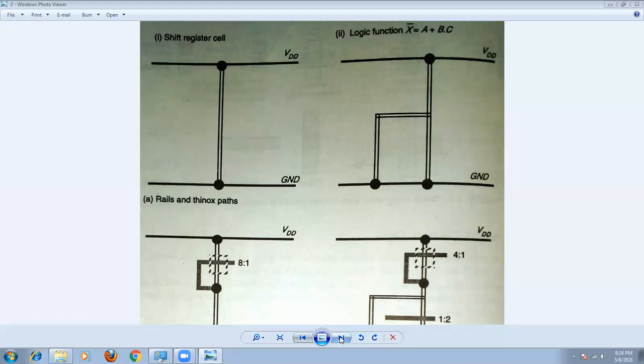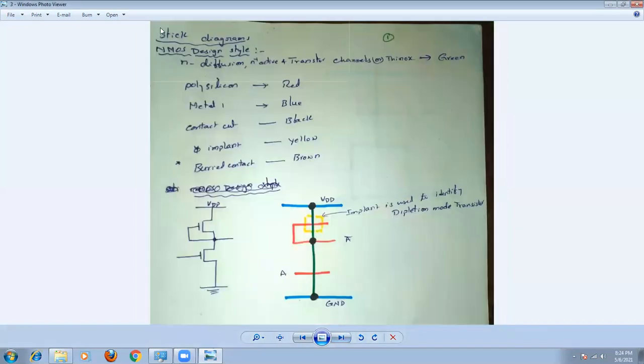Next, just see here. Now we can draw everything. What are the topics I discussed now? The same thing we can draw here. To draw a stick diagram in NMOS design style, we are having different layers. That is N diffusion, or transistor channel, represented by green color, polysilicon red color, metal one blue, contact cut black, implant yellow, buried contact brown.